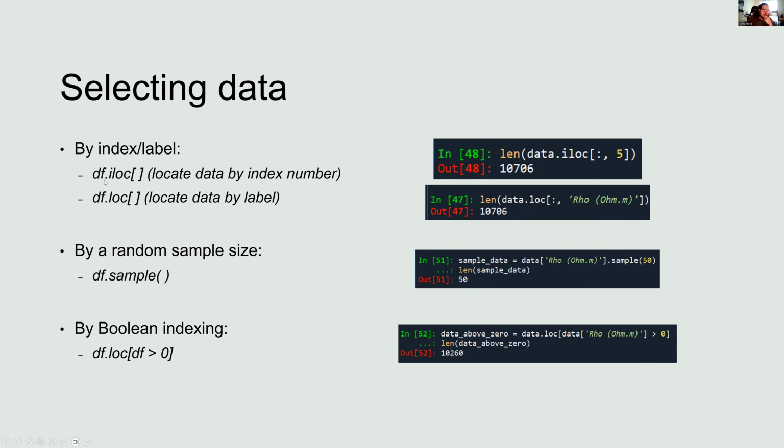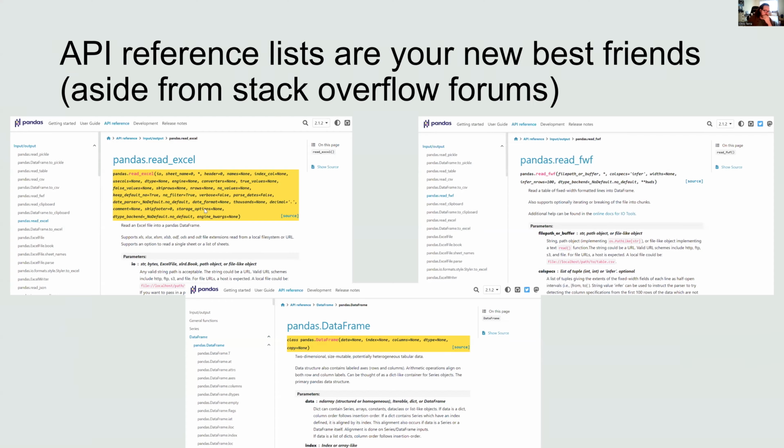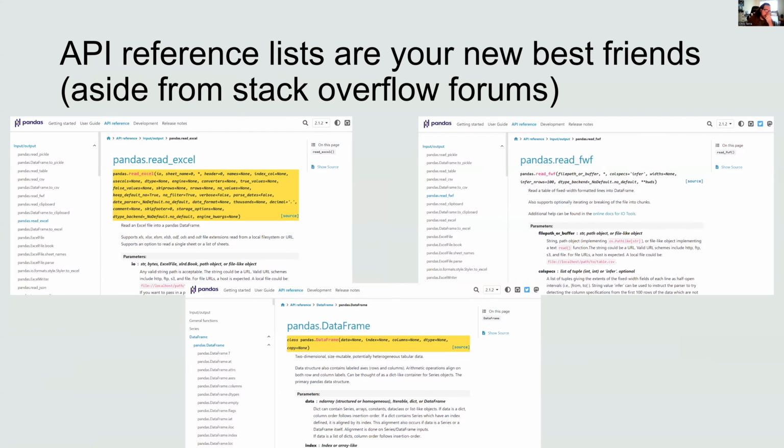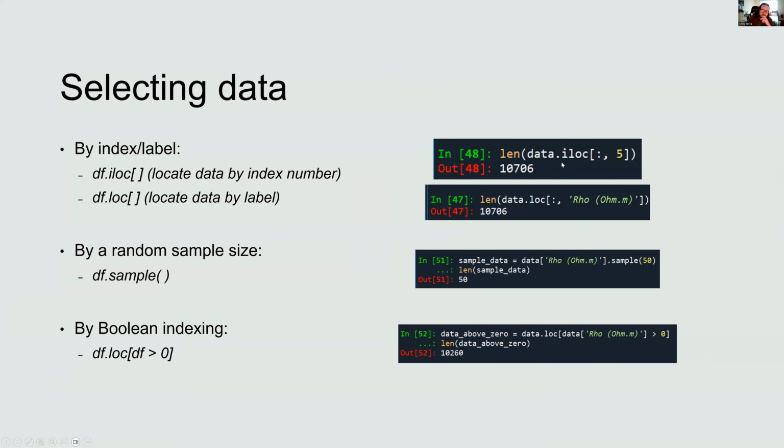So iloc just means that you are locating a point based off of its index. Index, once again, is kind of getting back to the different labels here, but specifically its position within the data frame, not with regards to any specific labels.